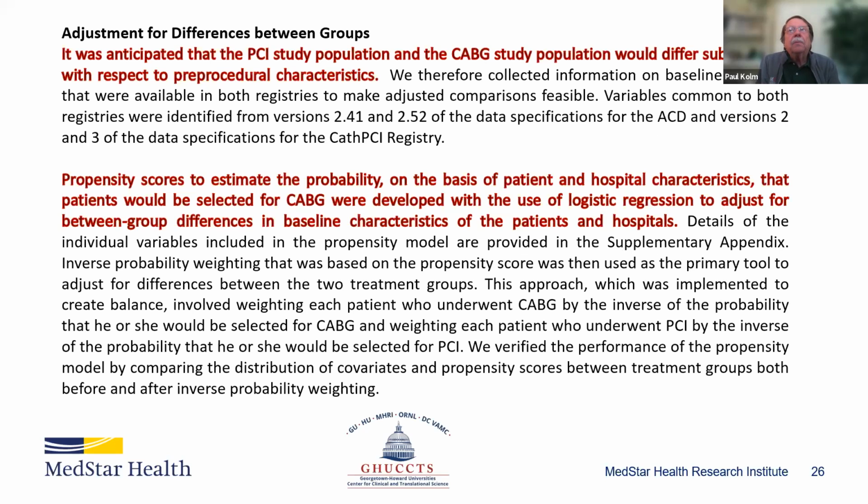So obviously, these patient populations are going to probably differ substantially with respect to pre-procedural characteristics as well as possibly demographic.